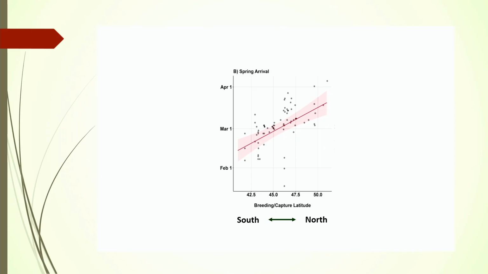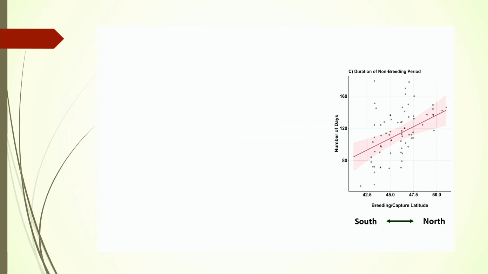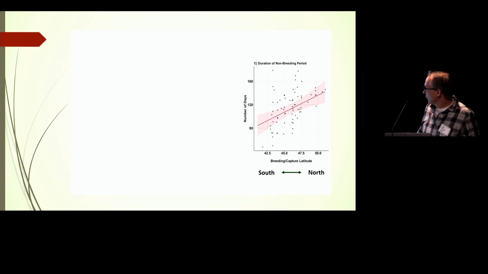They also arrived later, so birds that are farther north had to wait longer before they could access resources, so that all makes sense. And then the duration over which they were away from their summer or breeding areas followed that same pattern, so individuals that are farther north are spending more time on their winter areas than individuals that are farther south.